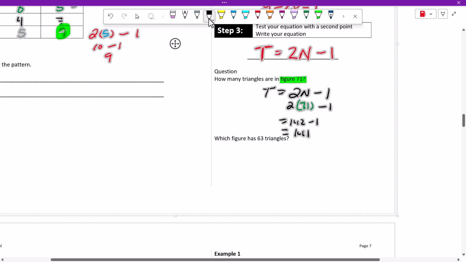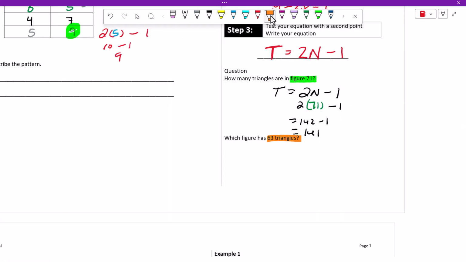This time, it's saying we have 63 triangles. Which figure is it? So we start off with the equation t is equal to 2n minus 1. Where do we put the 63? Where the t is. So you go 63 here equals 2n minus 1.